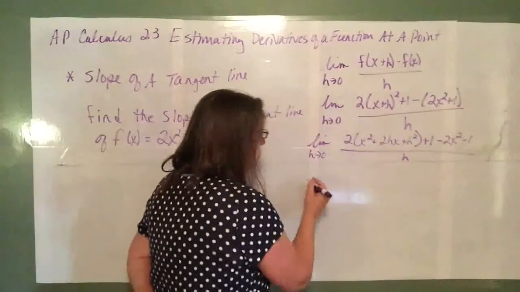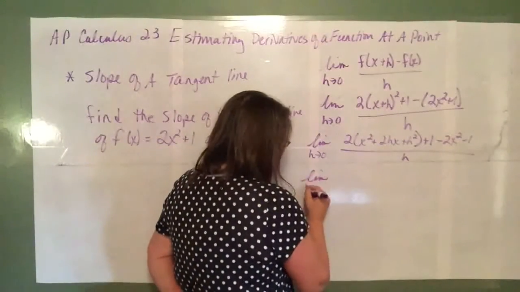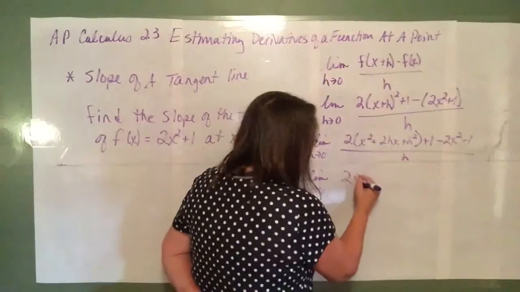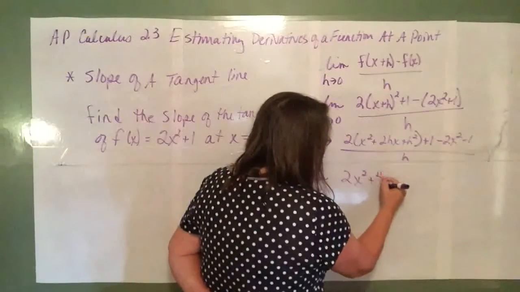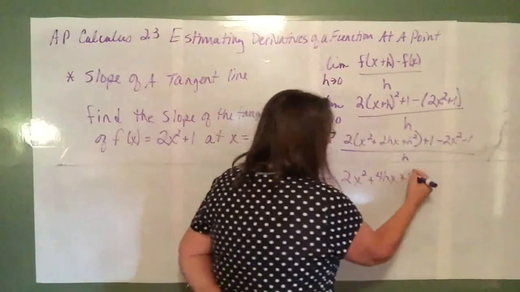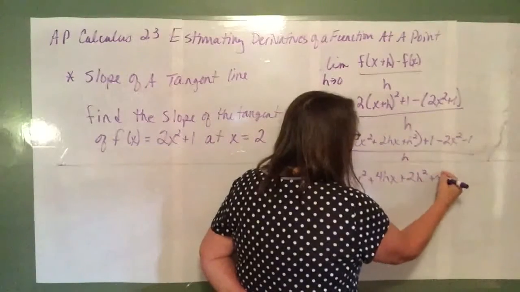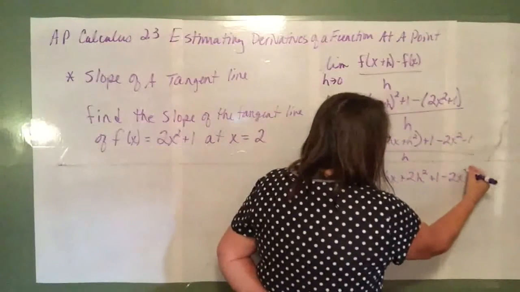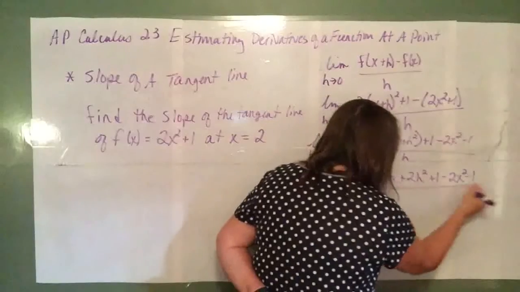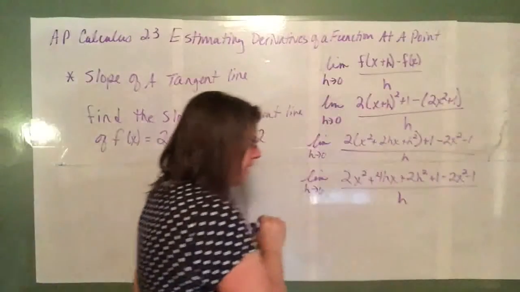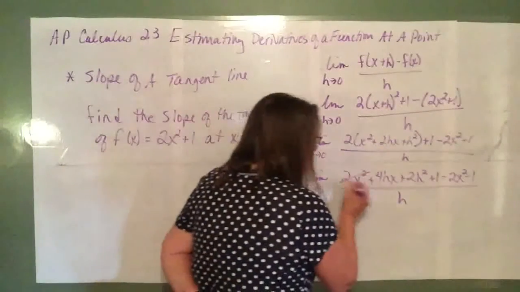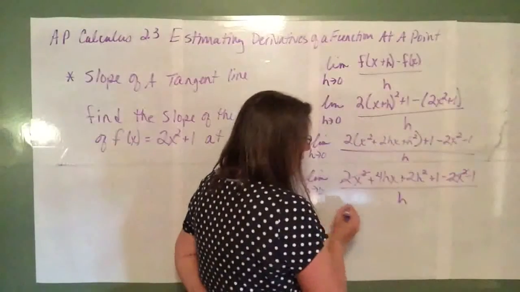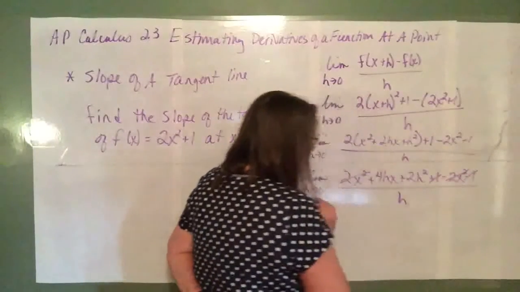I'm going to distribute my 2. So that's 2x squared plus 4hx plus 2h squared plus 1 minus 2x squared minus 1. Then I'm going to simplify. The 2x squared cancels with the negative 2x squared, and the 1 and the negative 1 cancel out.